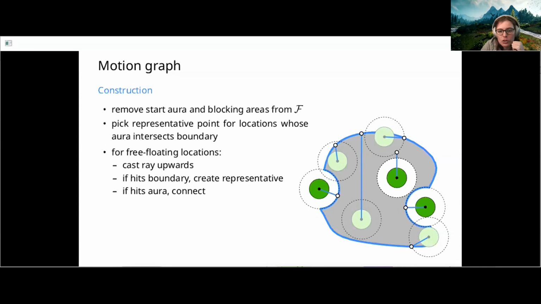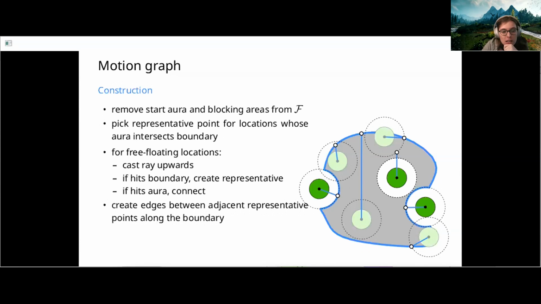And for those nodes whose aura does not intersect the boundary of the resulting free space component, we will simply shoot a ray upwards. This is again similar to ideas from the previous algorithm. Either we hit the boundary and then we place the representative point there, or we hit the aura of another robot and then we just connect those two nodes in the graph.